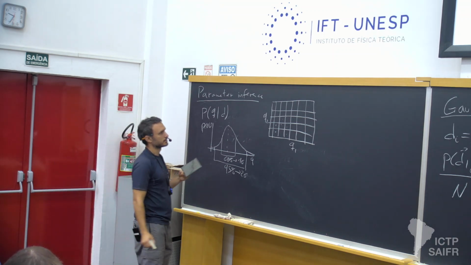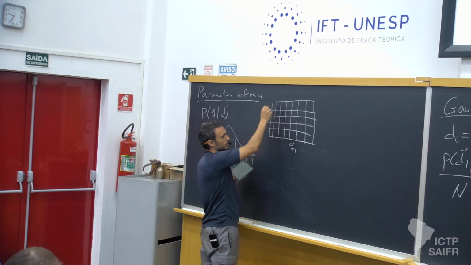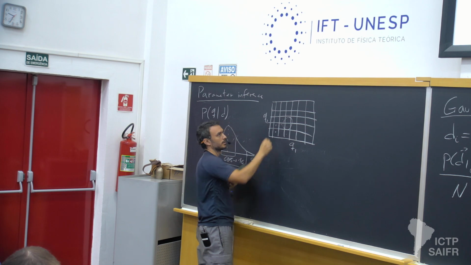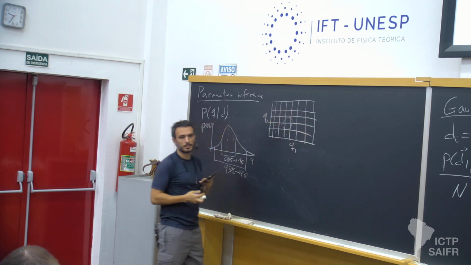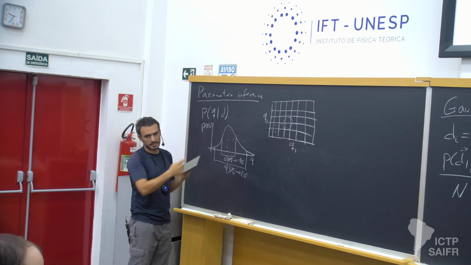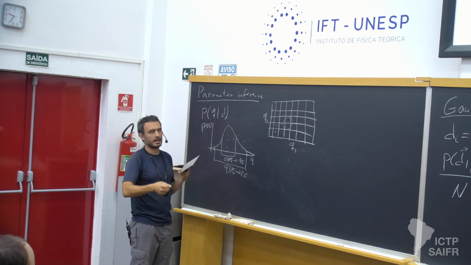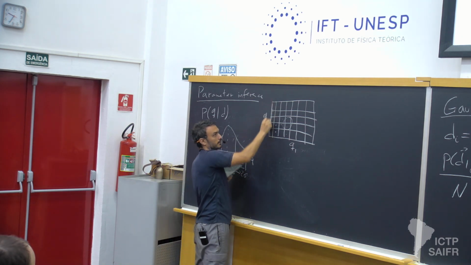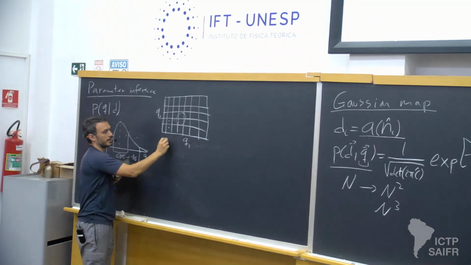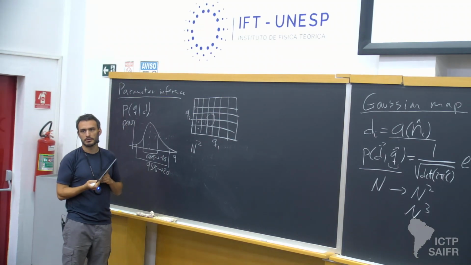It's kind of annoying because a priori, it might be that you do this and then you realize that actually the probability distribution is concentrated here. So then you've thrown away all of these computations for nothing. That's kind of annoying. And this gets worse the more parameters you have, right? So here, if we've divided each dimension in n, you have n squared grid points at which you need to evaluate your function.